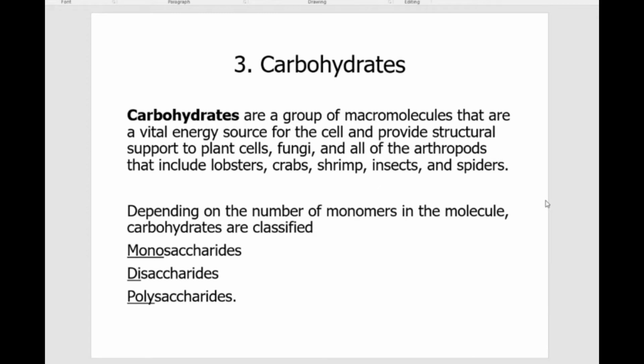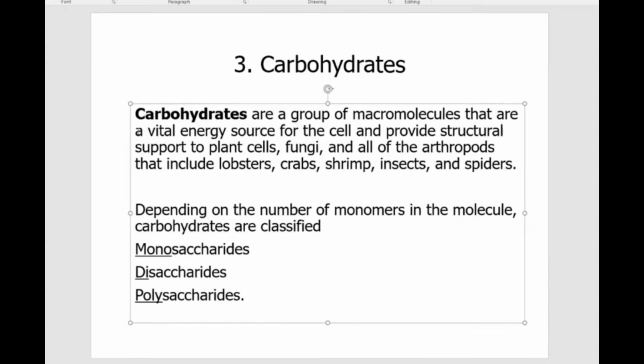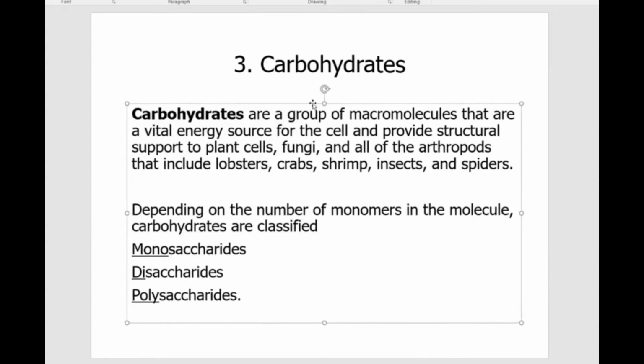Now, there are two main purposes for carbohydrates, or why our body uses carbohydrates. The first one is it's a vital energy source. It's the number one source for energy when our cells need energy. A very good example is glucose.